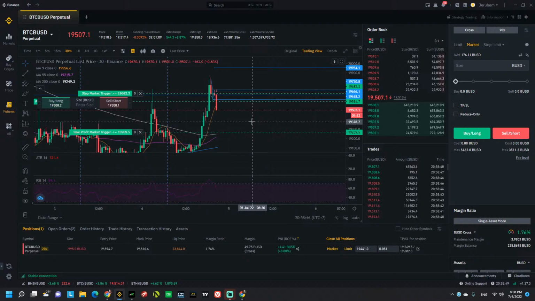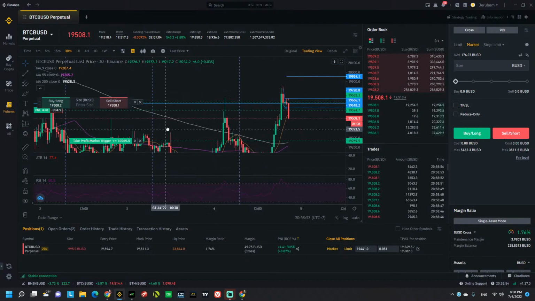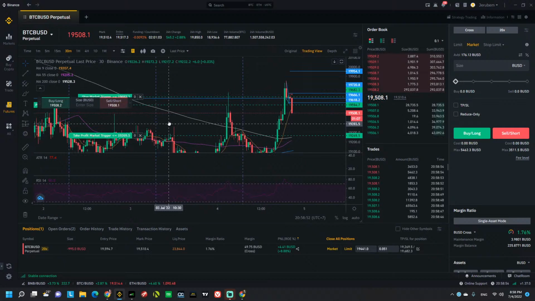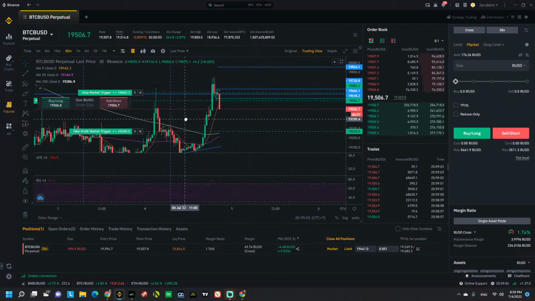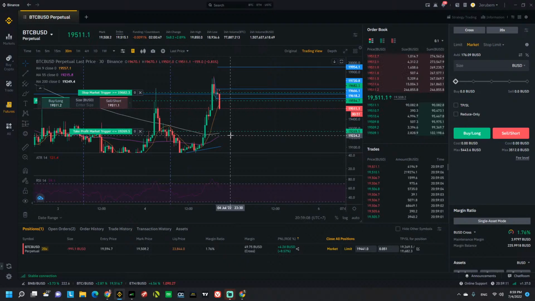It looks like it's smooth candles on the left-hand side. Oh, not really. This one is messy. But so far this one is clean. And the moving averages are just below the line. So there's a good chance it can reach here.